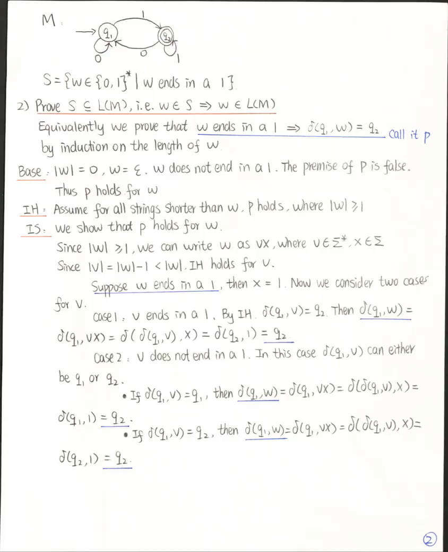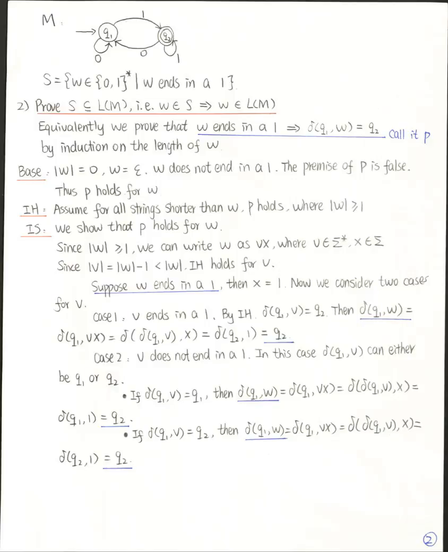Now we prove the other direction. Remember, to prove two sets are equal to each other, we want to show that each set is a subset of the other one. Now we prove S is a subset of LM. That means for any string in this S, this string need also be in this LM.